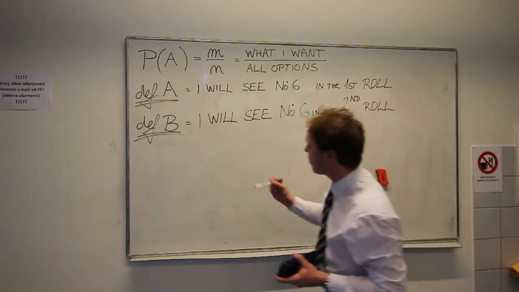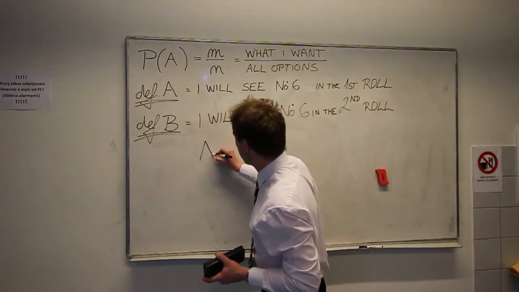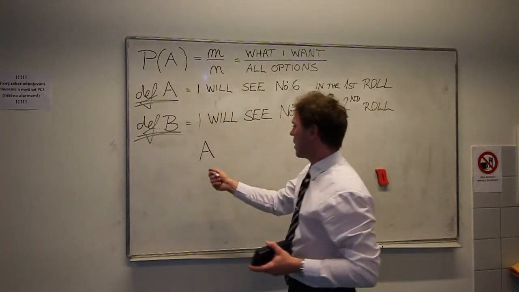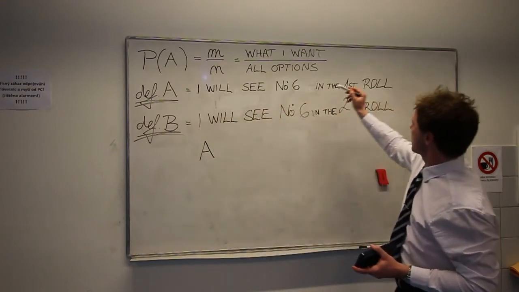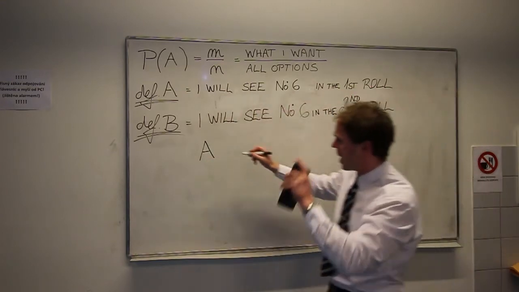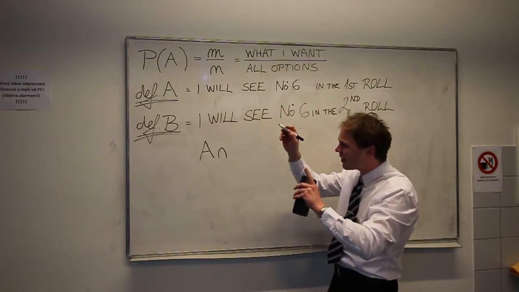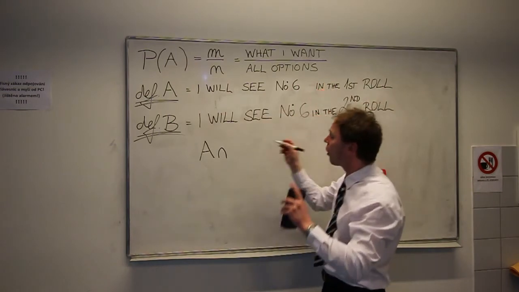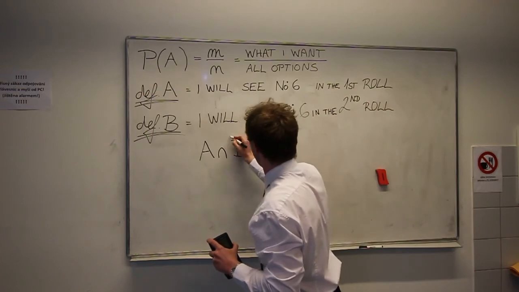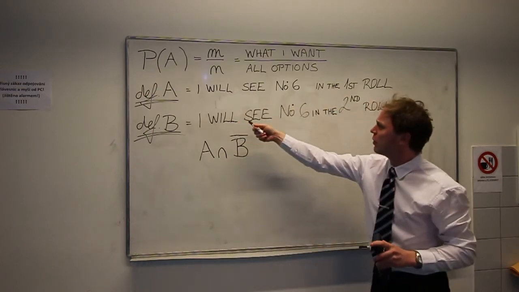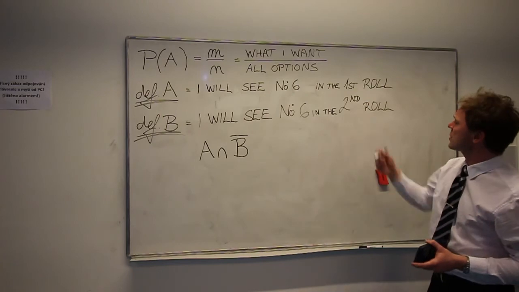So I will be happy if I see random event A. I will see number 6 in the first row, and I will see random event B non. What is a non? I will not see value 6 in the case of second row.